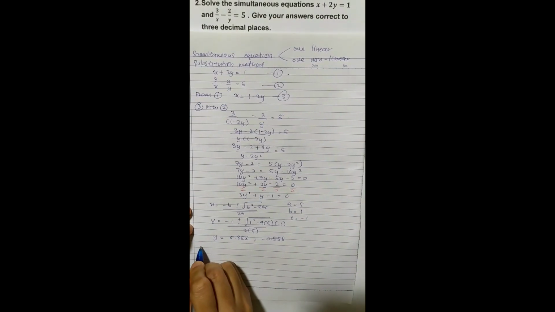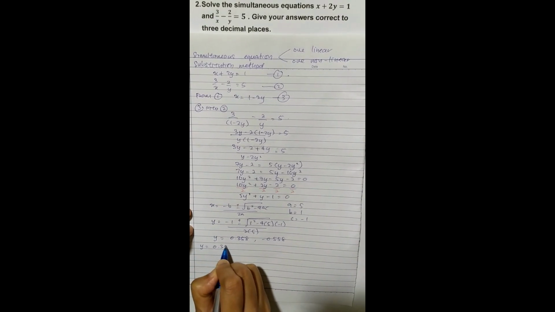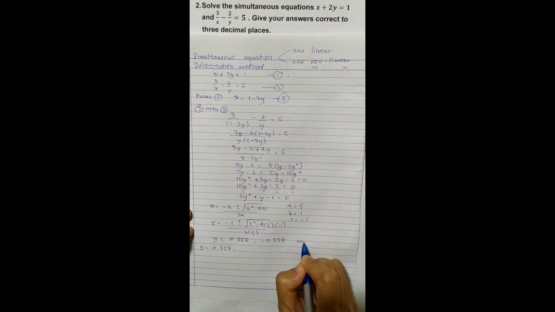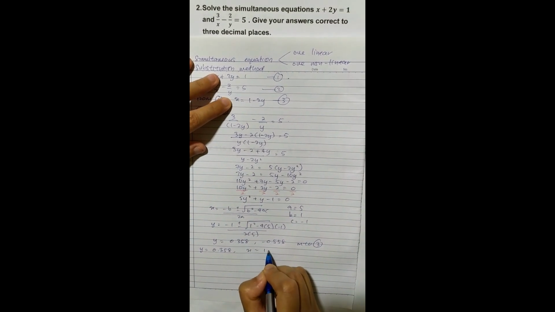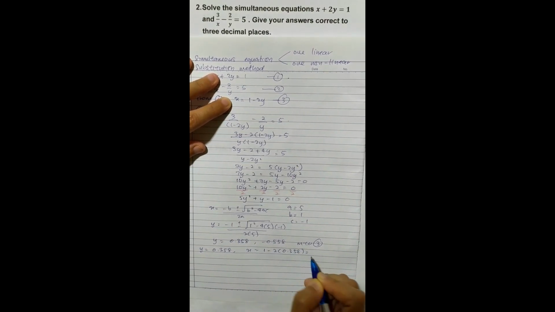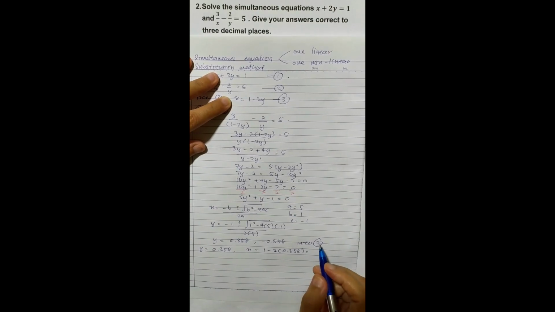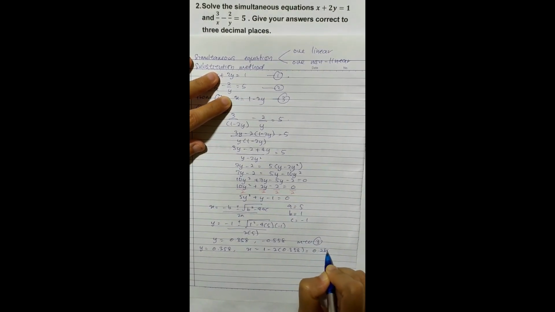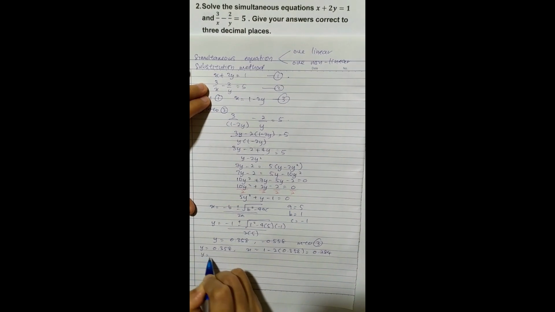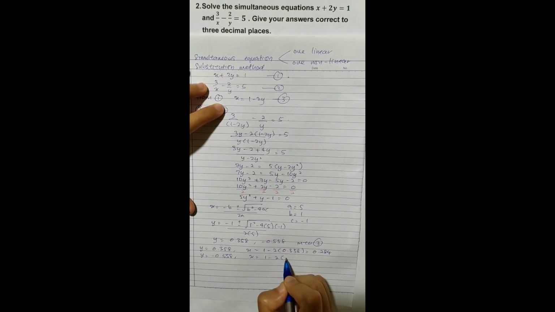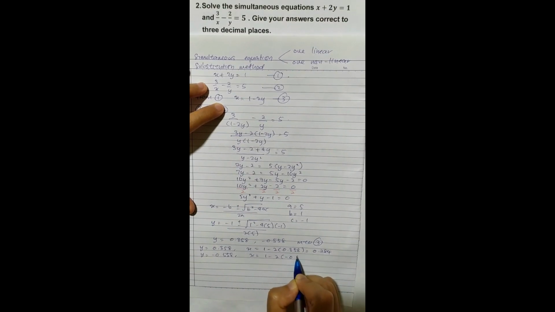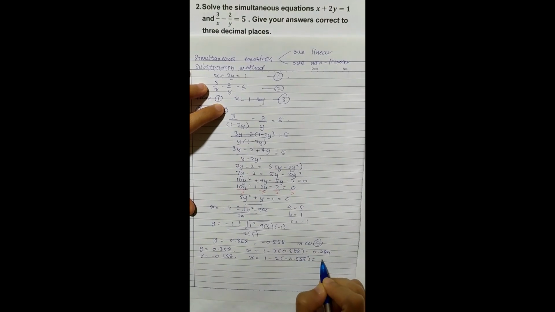So when y equals 0.358 into equation 3, x equals 1 minus 2 times 0.358, which is 0.284. When y equals negative 0.558, x equals 1 minus 2 times negative 0.558.